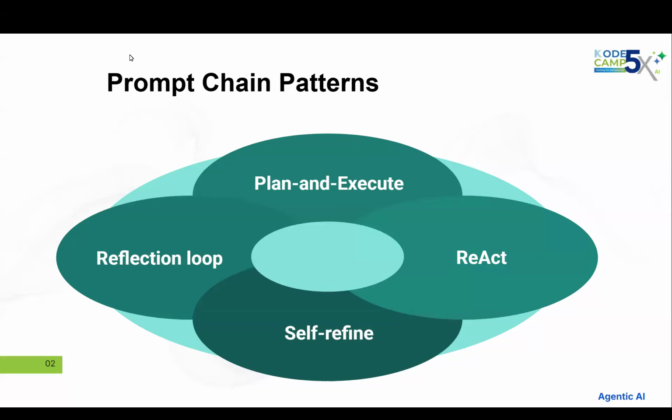In this case, it does not involve using external tools. It does not involve retrieving data or context from any external environment. It's all internal to the LLM, all internal to the agent. You're saying generate a plan as a step, execute that plan as another step.